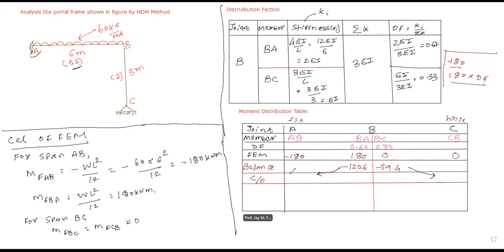For a fixed end, half the value will be carried over, so divide 120.6 by 2. What is your value? Calculate it. The answer will be 60.3. You cannot do simple mathematics. This is a simple frame, the smallest frame I have taken.